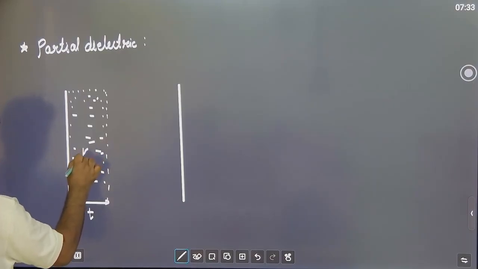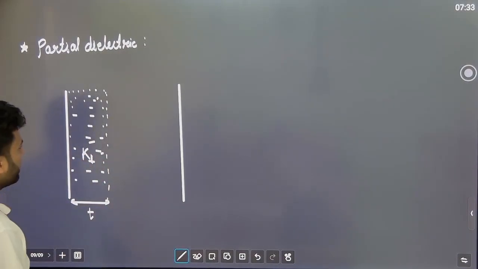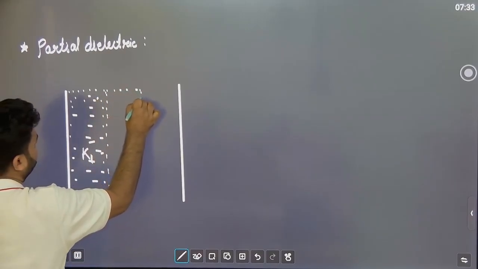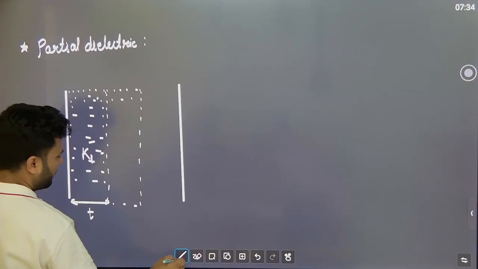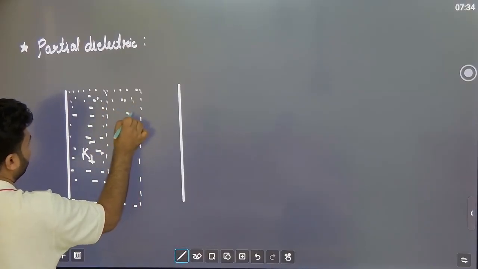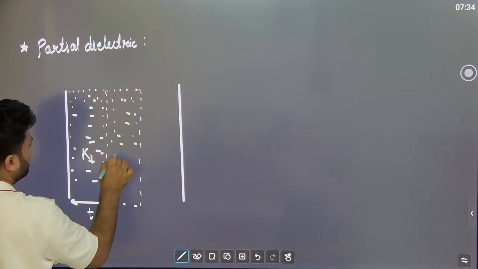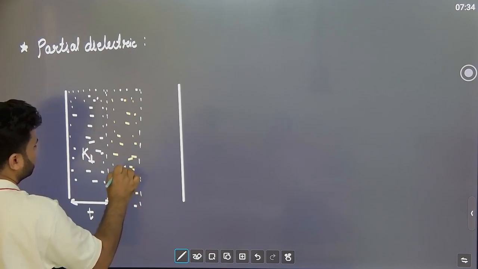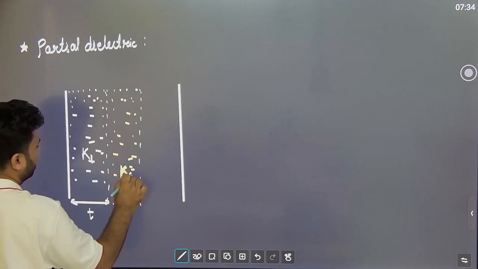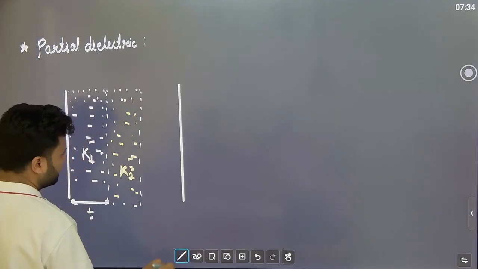Suppose this dielectric value is K1. Next, another dielectric medium. Its dielectric constant is K2. And the remaining is air. The remaining portion is air.